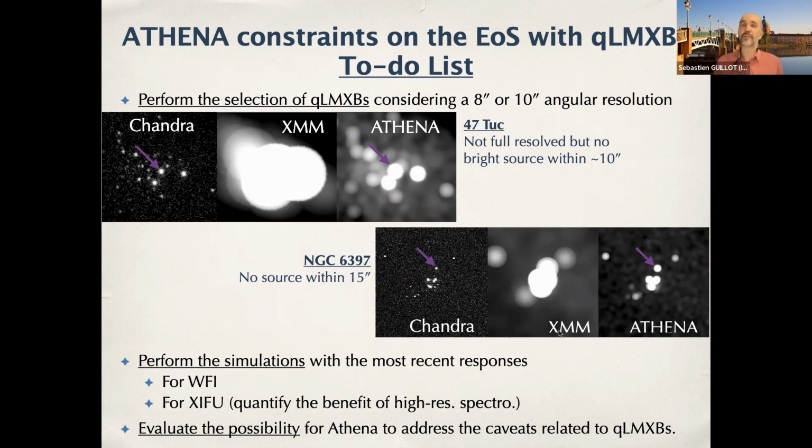At low resolution, or CCD resolution, you can modify the absorption a little bit and compensate it by different temperatures, which means a different radius. With X-IFU, if you can measure the NH, the absorption, very precisely with the high resolution, then you can get rid of this degeneracy between NH, the temperature and the radius.